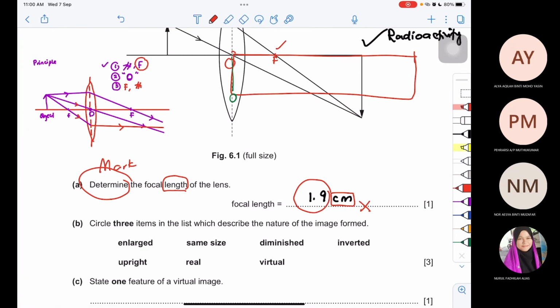So you mesti ada the unit, so that kita tahulah you are referring to 1.9 cm. Sebab we don't know, maybe you use millimeters. Kalau you guna millimeters, you letak 19 je, kita tak tahulah apa 19 apa. So you letaklah 19 millimeters. Okay, unit is very important.